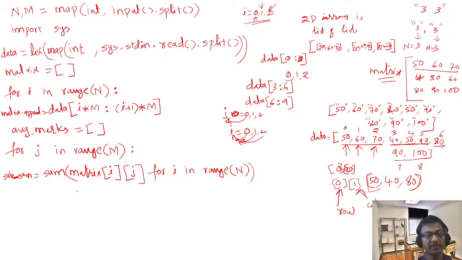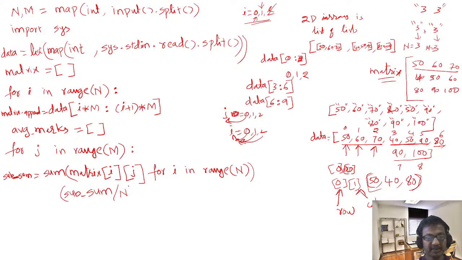So how do you get the average marks here? Subject sum divided by n value, the number of rows. Number of rows indicates the number of students. So divided by n value gives the average for that one.